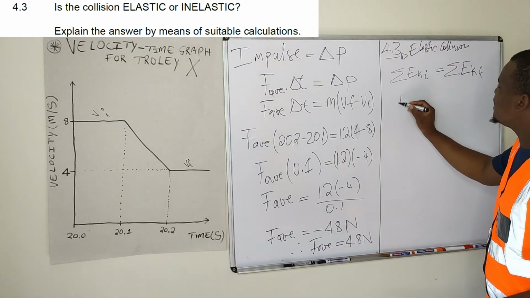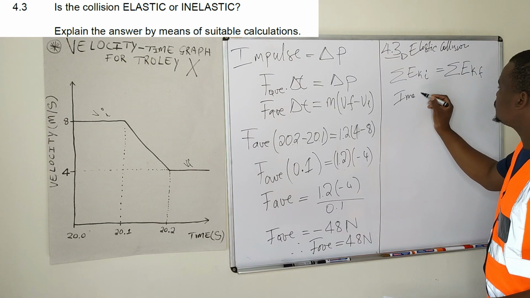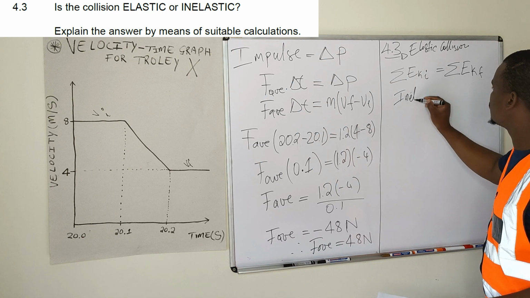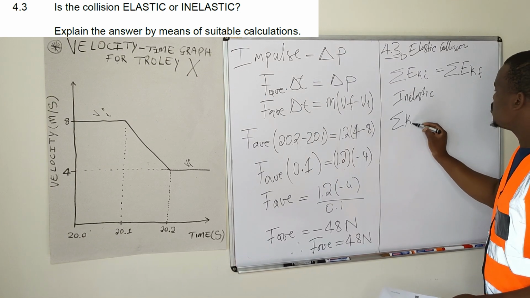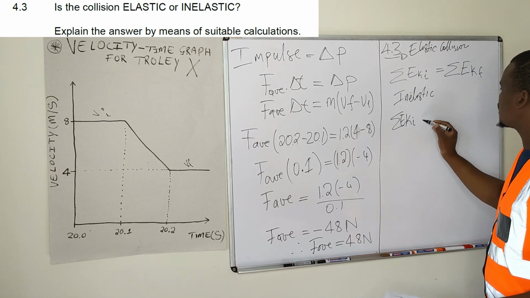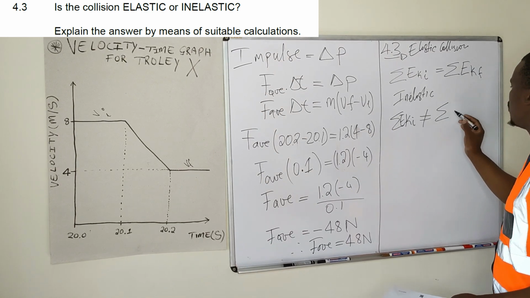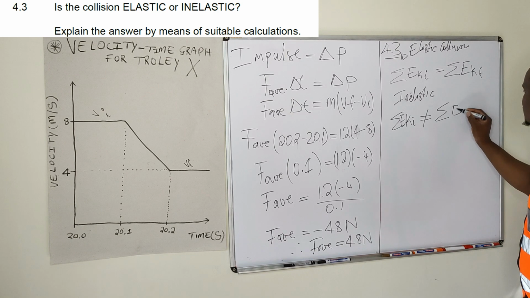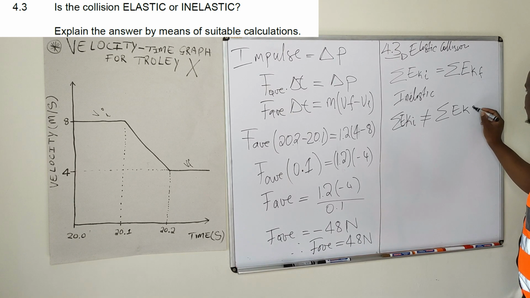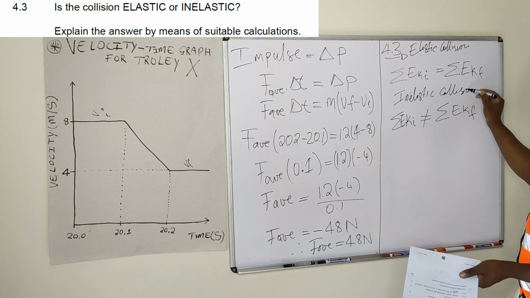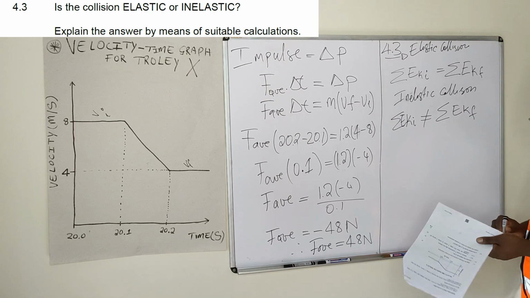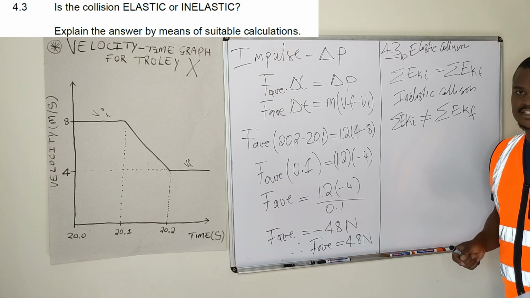Then, if it's inelastic, if you sum your initial kinetic energies, they should not be equal to your final kinetic energies. So they're asking you if this collision is elastic or inelastic.